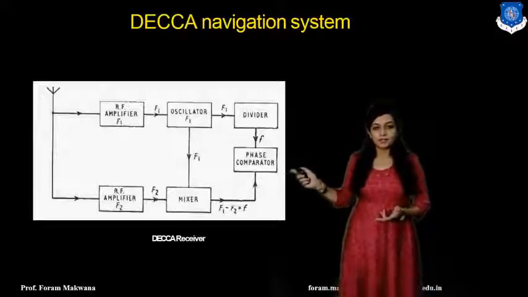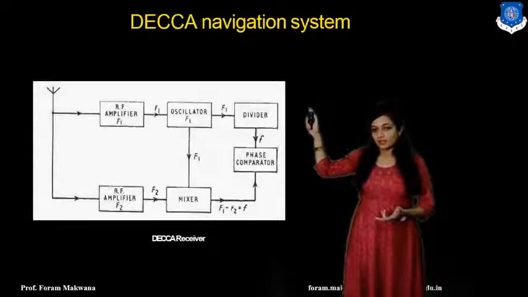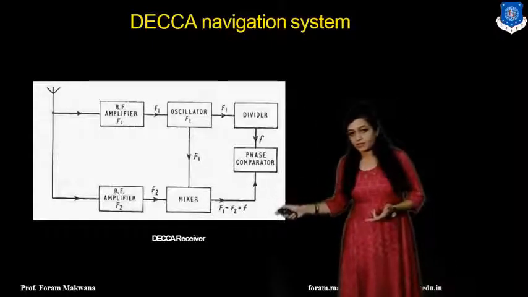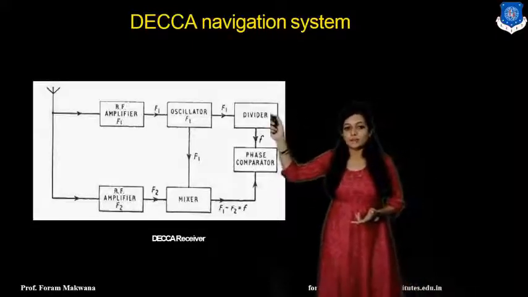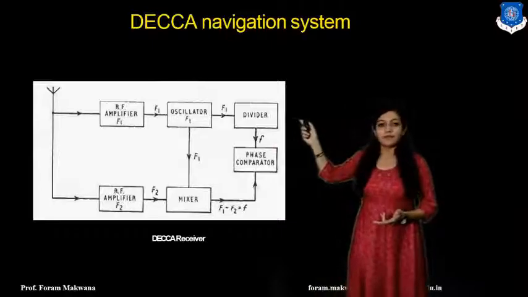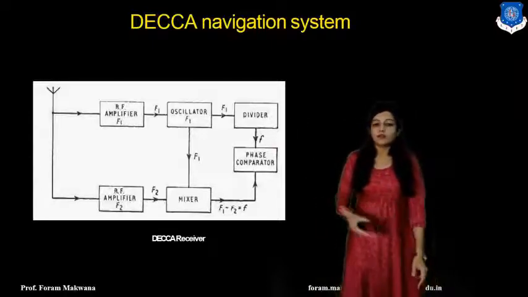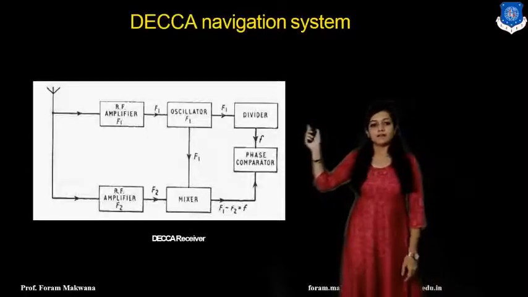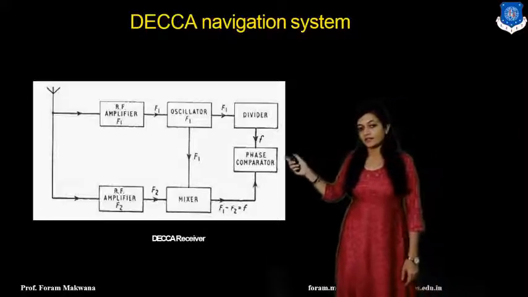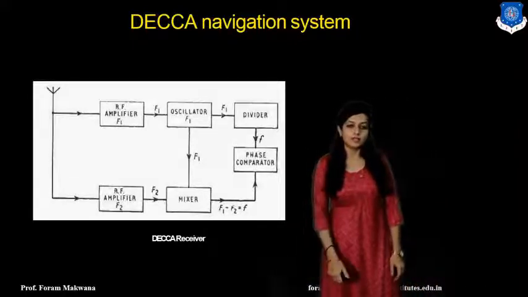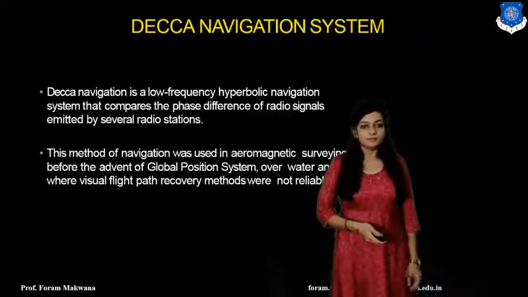And that phase is going to be compared with the frequency from the RF amplifier, that is F1, which is going to be divided with the help of the divider, and that frequency is going to be applied for the phase comparison. Alright, so this is the DECCA receiver.